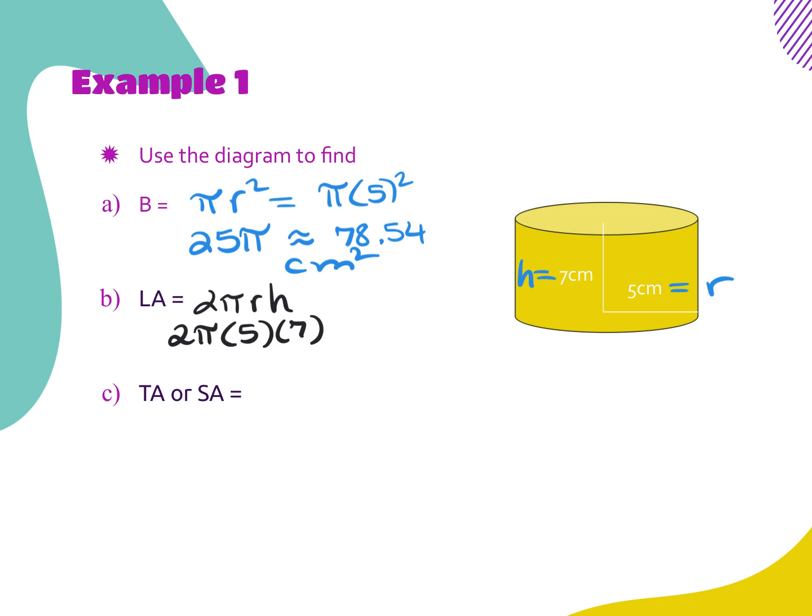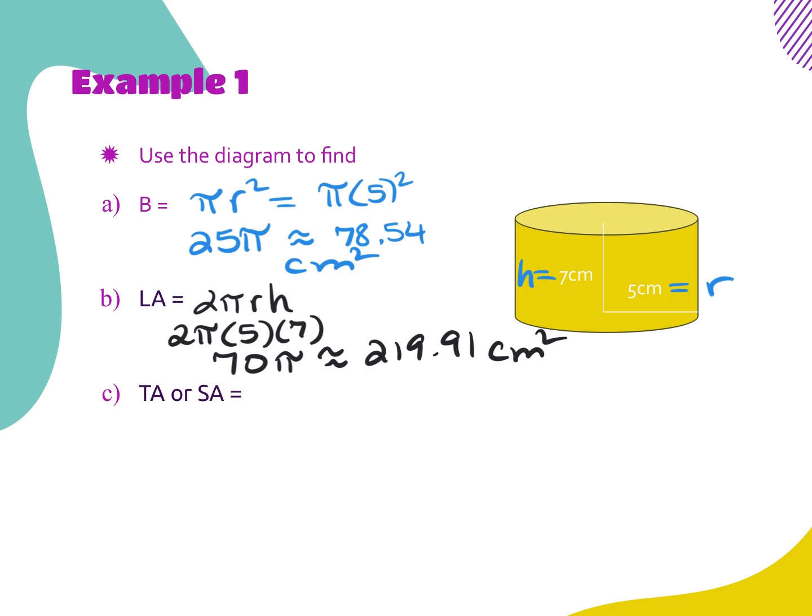Once I multiply 2, 5, and 7, this gives me 70 pi, and these are again centimeters squared, but rounded to the hundredths place, if I use my pi button, this is going to give me 219.91 centimeters squared on both of those.